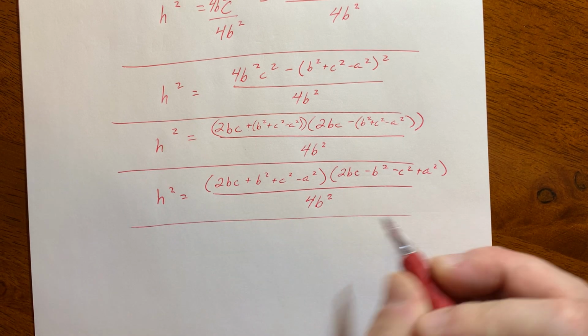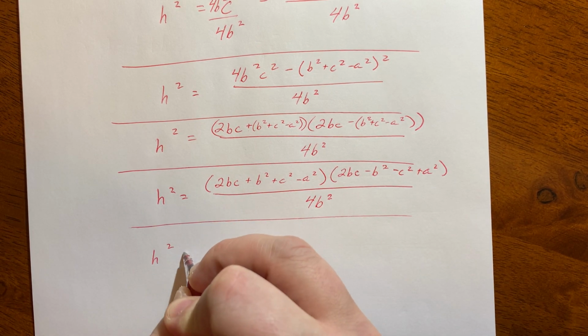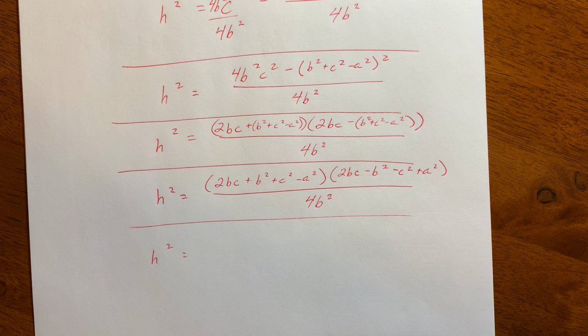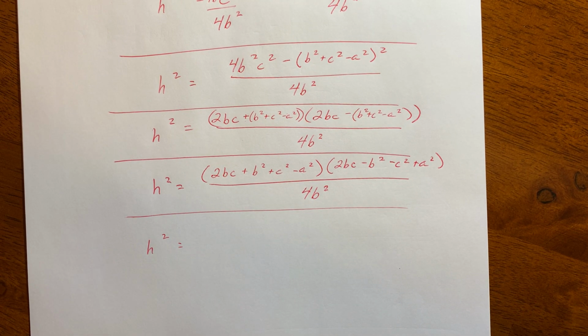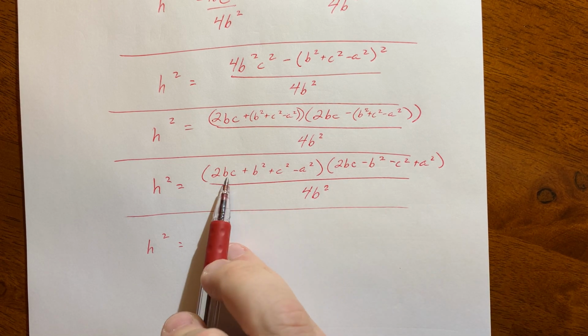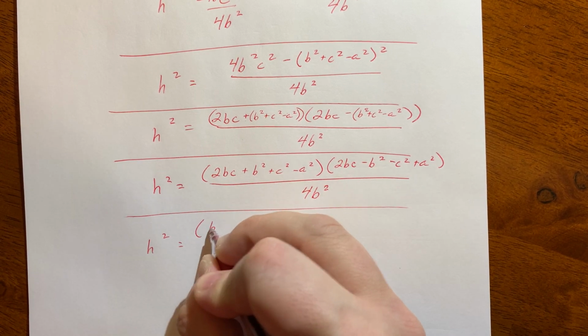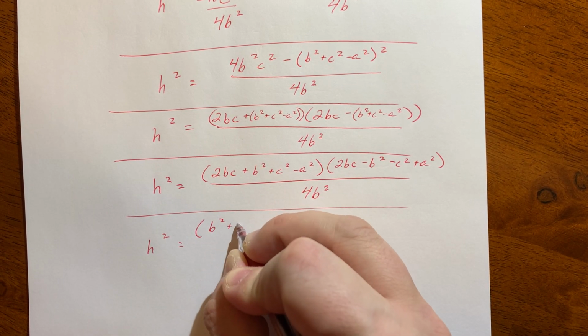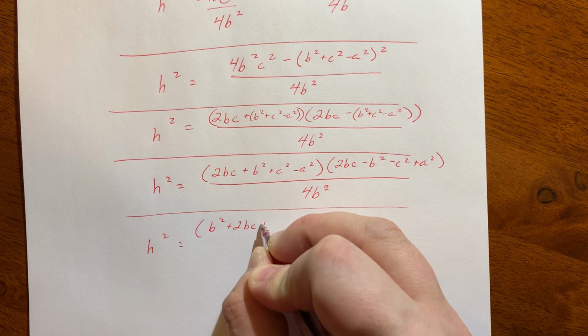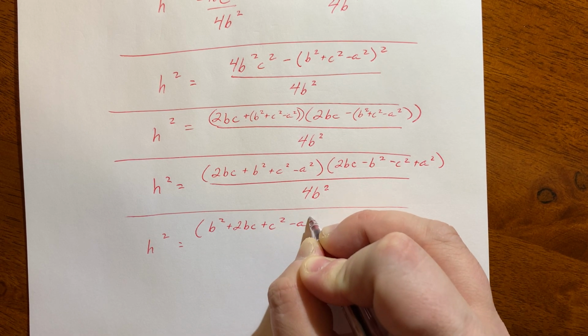Okay, I'm not going to do too much other stuff in this next step with you, but what I am going to do is use the associative and commutative properties to move around and regroup some things. Okay, so I'm going to just edit the way this looks a little bit, and I'm going to make this first parentheses turn into b squared plus 2bc plus c squared minus a squared.